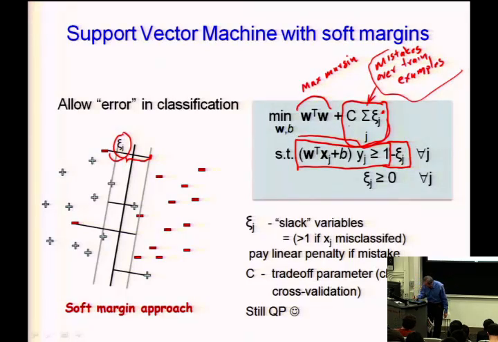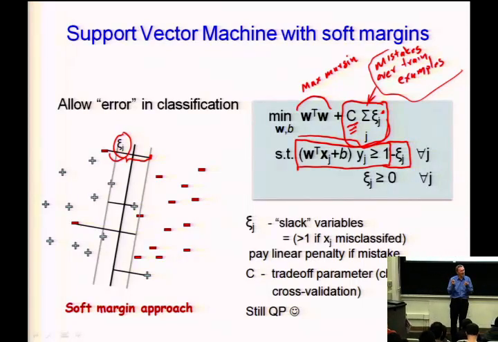And speaking of parameters that we have to choose by hand, this C is just a constant. We have to choose that C by hand when we formulate the problem. And choosing it tells how much we really don't like mistakes.